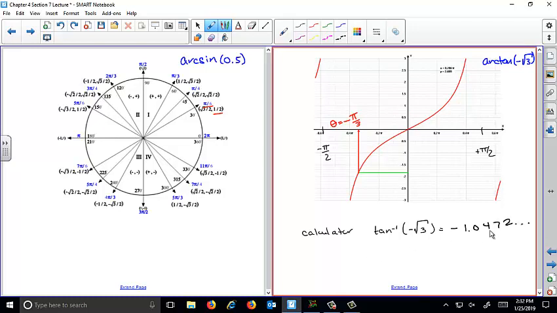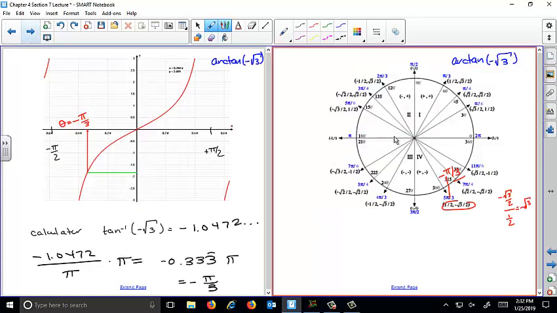Okay, so leave that in your calculator. So again, we would take this number and divide that number by pi, and I get negative 0.333 pi. So that's negative pi over 3.